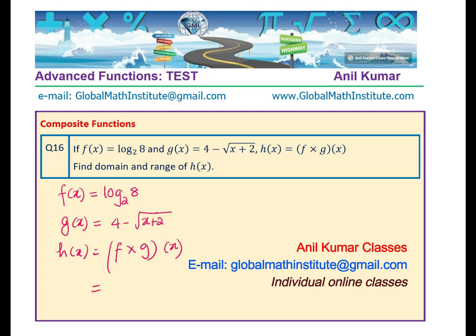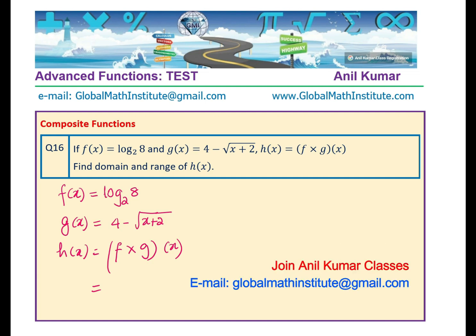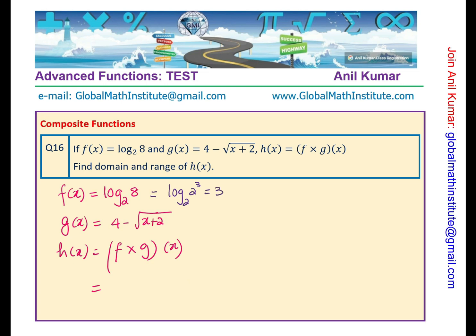So h of x can be written as f of x, which is literally a constant. When we write log to the base 2 of 8, it means log to the base 2 of 2 cubed, right? Which is 3. So f of x is constant 3.